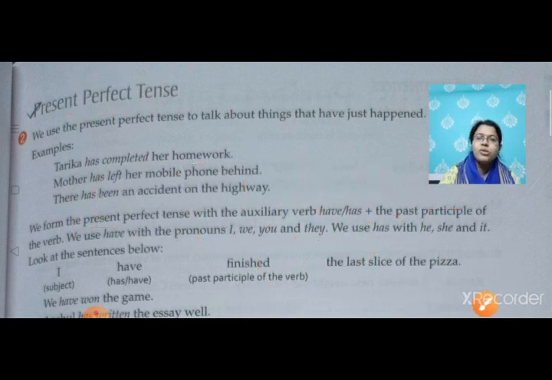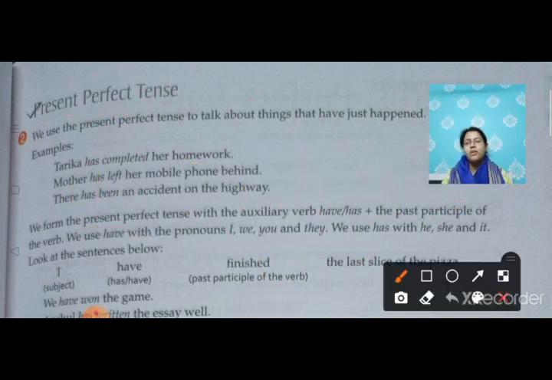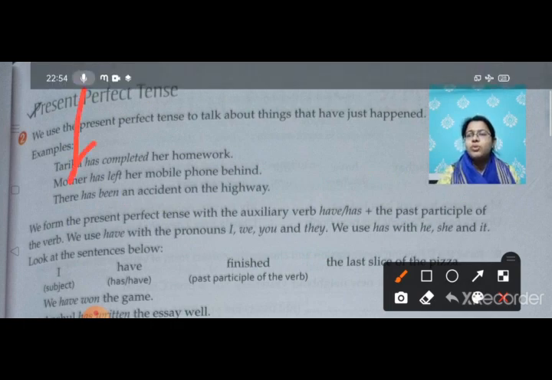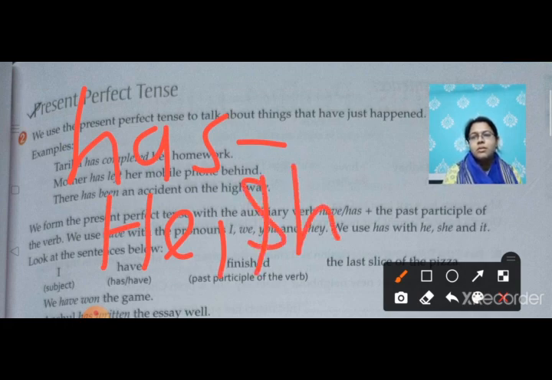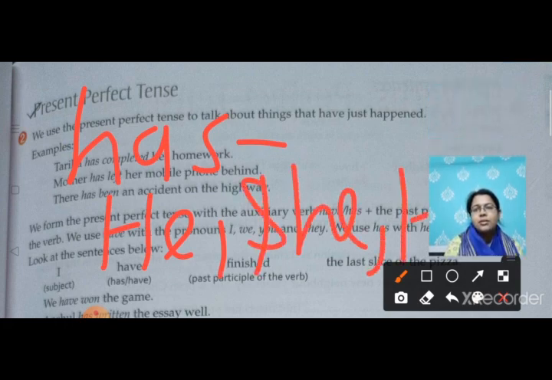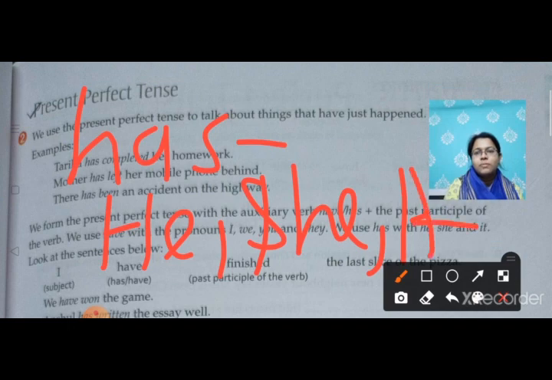So when are we going to use has and when are we going to use have? So we are going to use has only with third person singular, that is he, she and it. Okay. So we would be using has for third person singular.